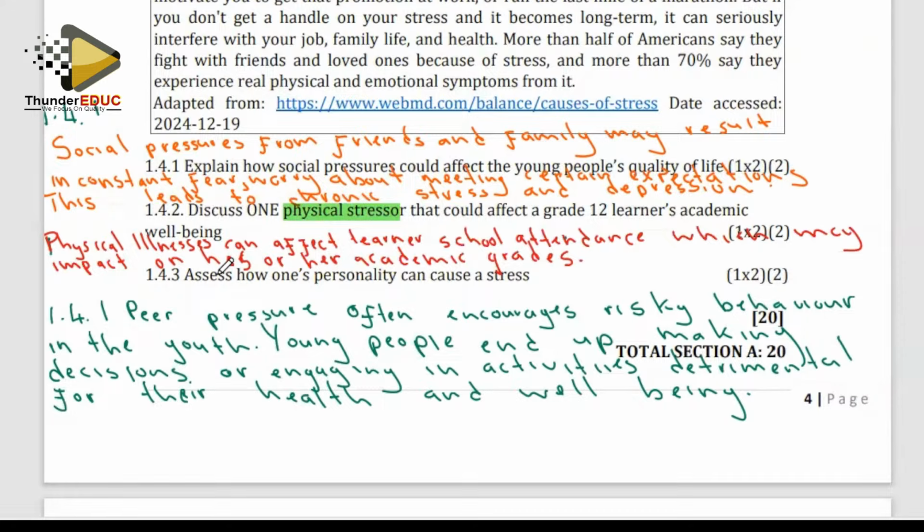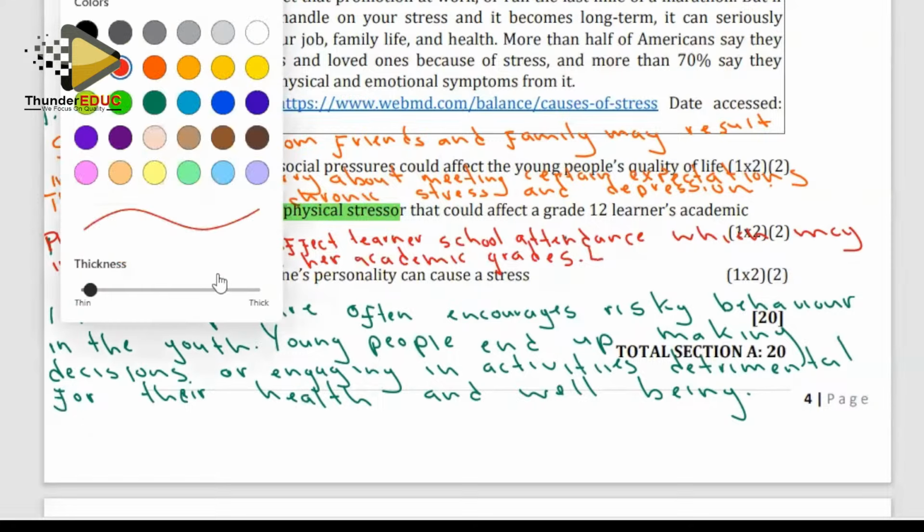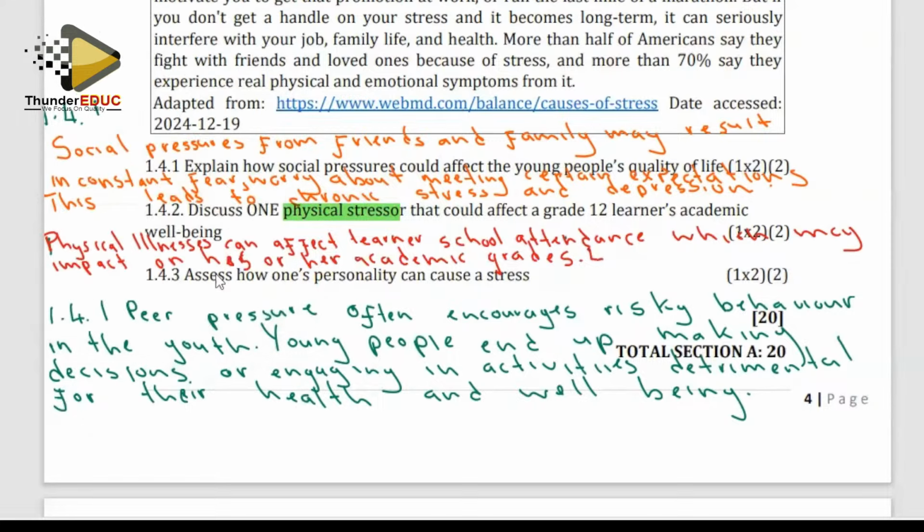Then also, let's talk about lack of exercise, which is also another physical stressor. Lack of exercise can lead to stress.